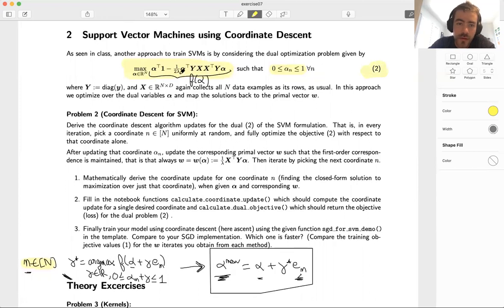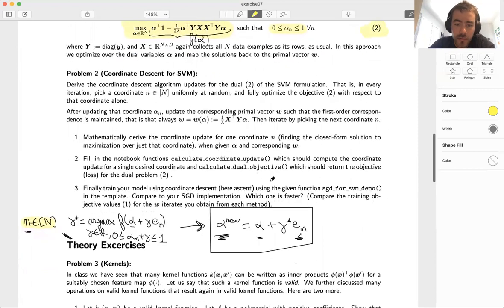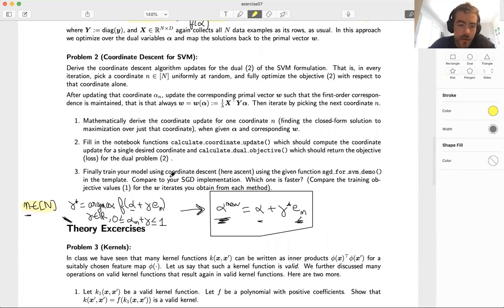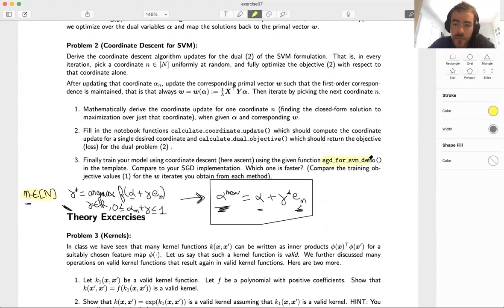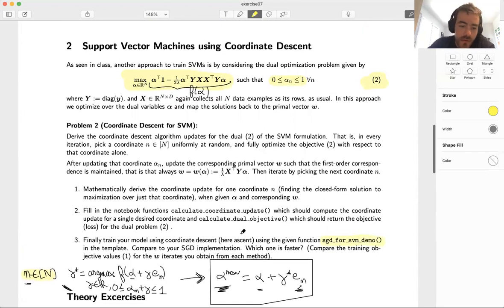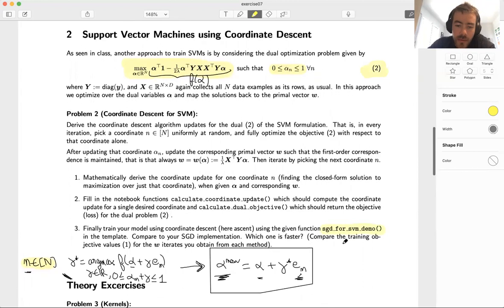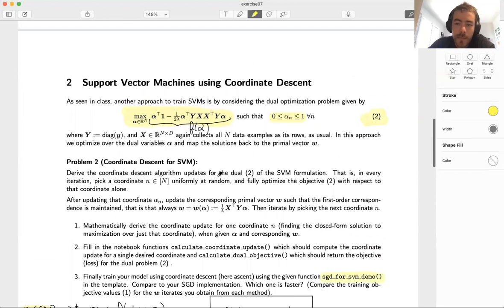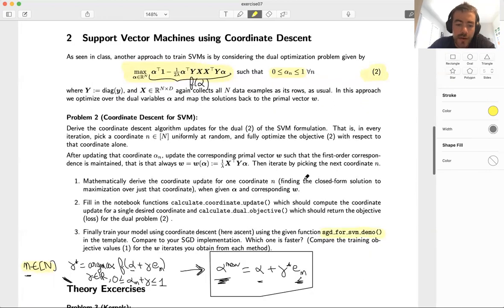So you just implement this formula. And then you show the performance of coordinate ascent and of the function SGD for SVM. And then the question is to see which one is faster, SGD or coordinate ascent, comparing the objective values of 1 in the two cases.